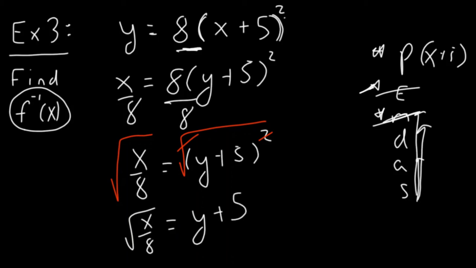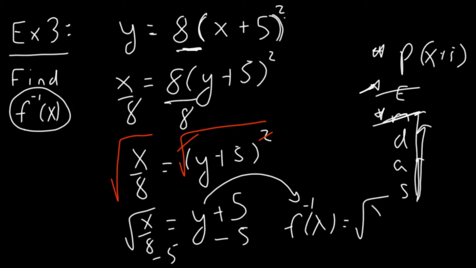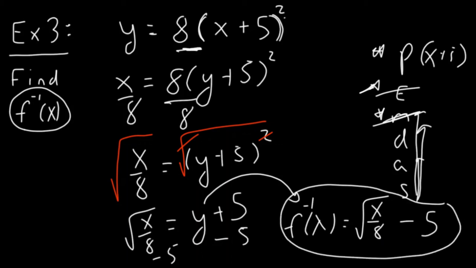And what is the opposite of plus 5? Once again, we finish by subtracting 5, and we'll rewrite our y as f inverse of x equals the square root of x over 8, and outside of that, minus 5 for our final answer.